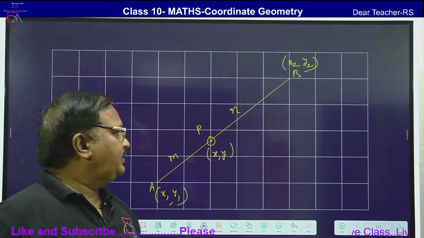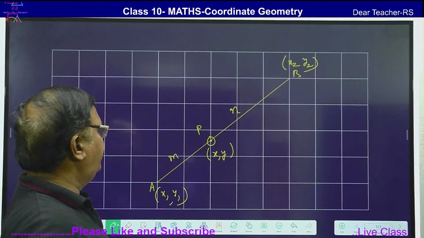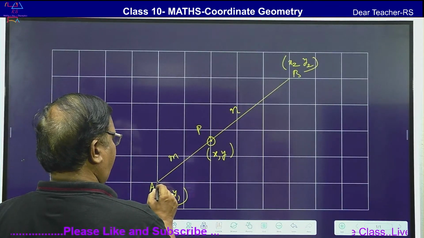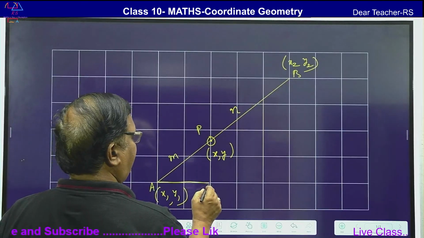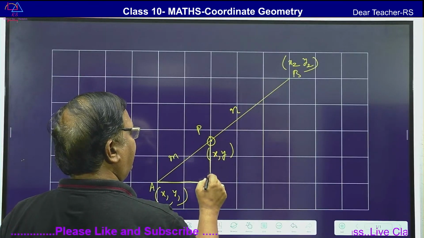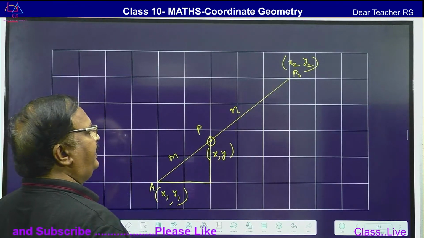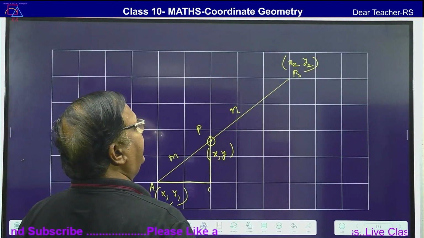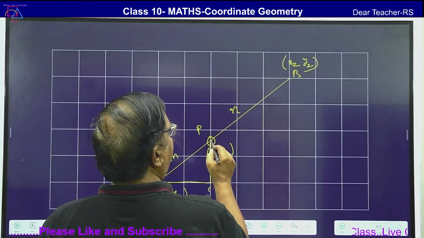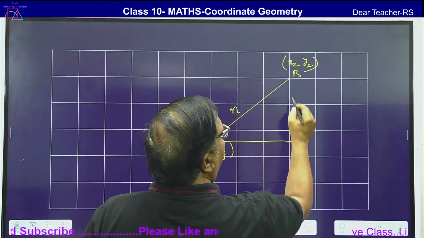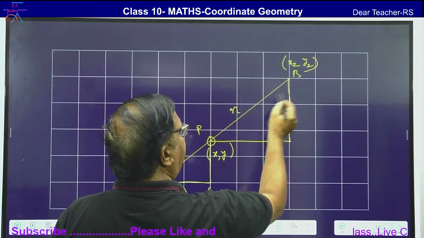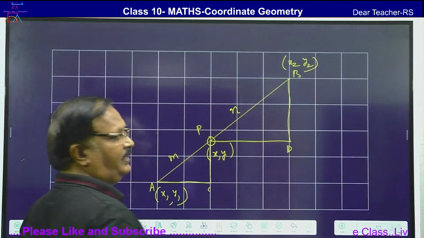For this also we need to make triangles. Let us say APC is one right angle triangle, and here we make one more right angle triangle, BPD.